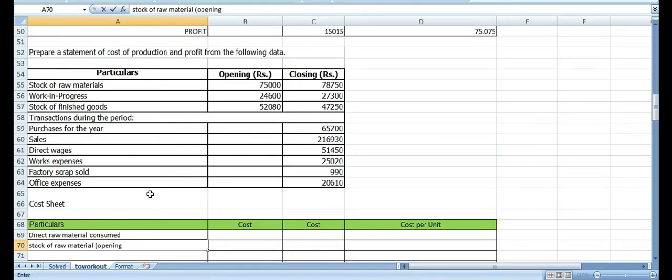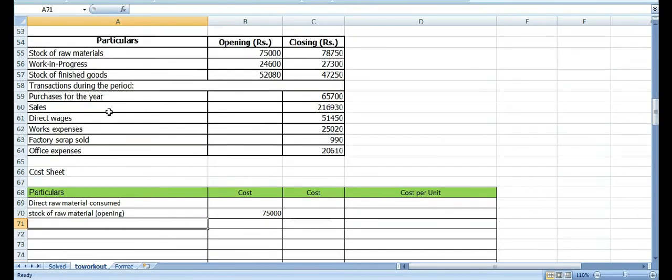The opening balance of stock of raw material is 75,000. Next we have to know what purchases of new raw material took place. They have given us purchases for the year, mentioned as 65,700.